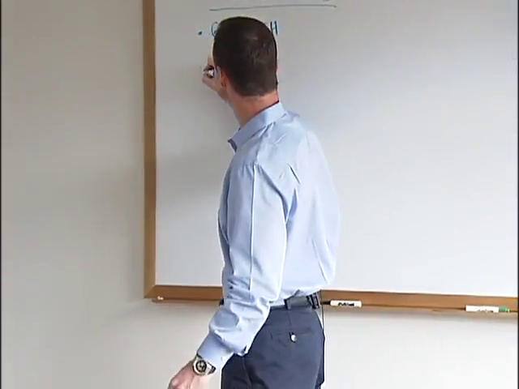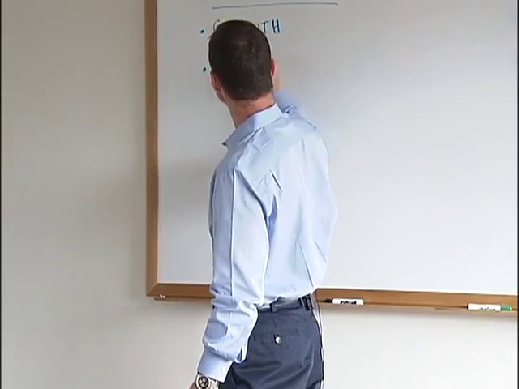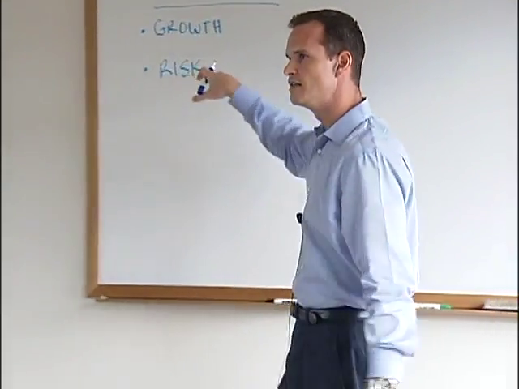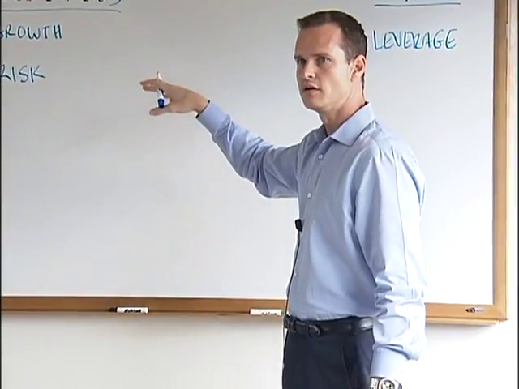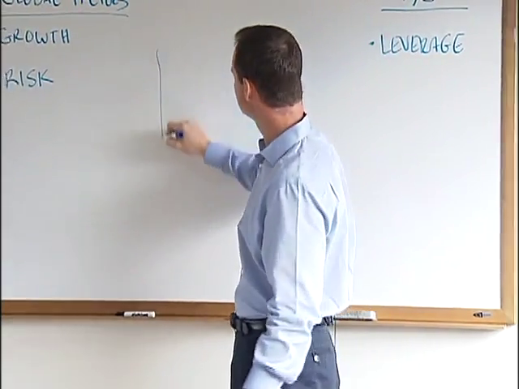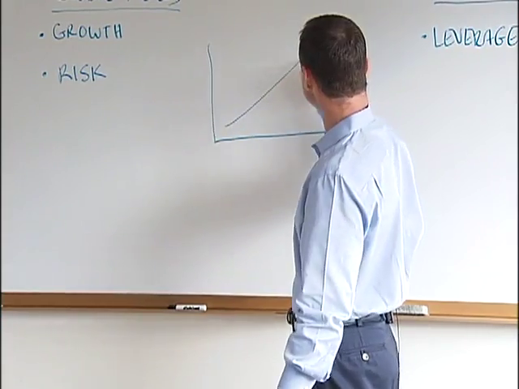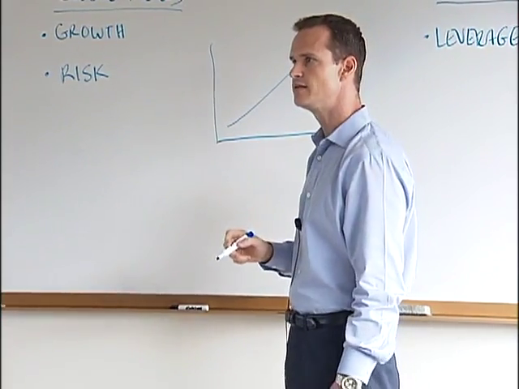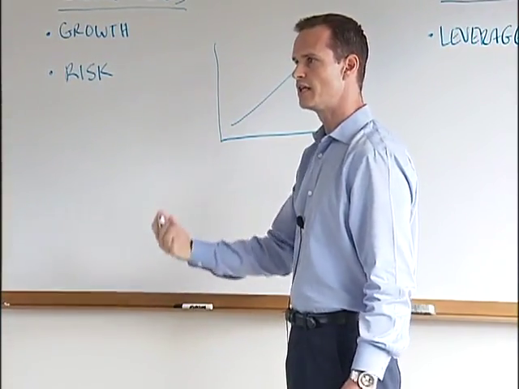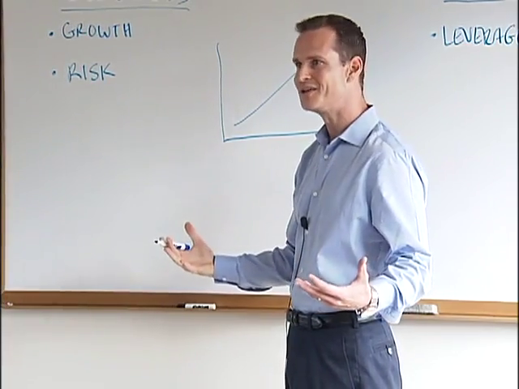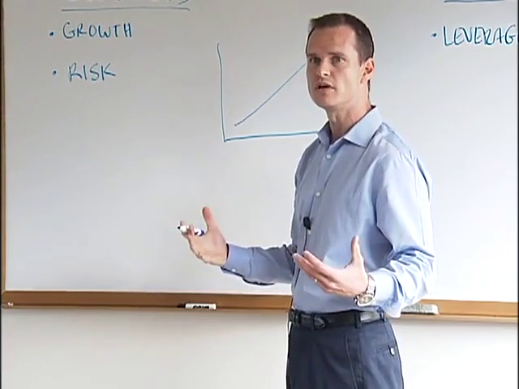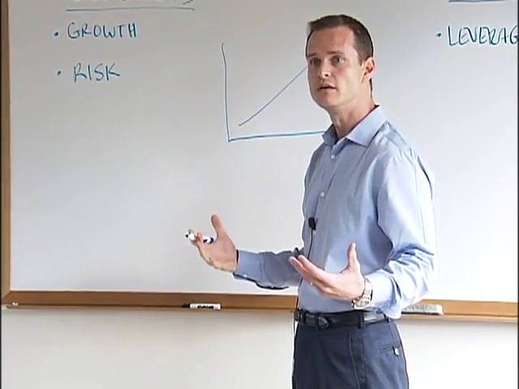What about risk? You've probably heard the term that Wall Street tends to be risk averse. So let's say we've got two companies. One company is growing its cash flows at a slow and steady rate. Year after year, they generate cash flow growth regardless of what the economy is doing, regardless of what other companies in its sector are doing.